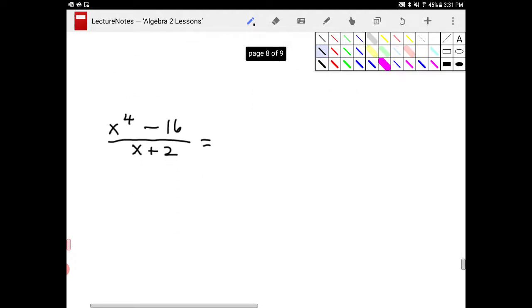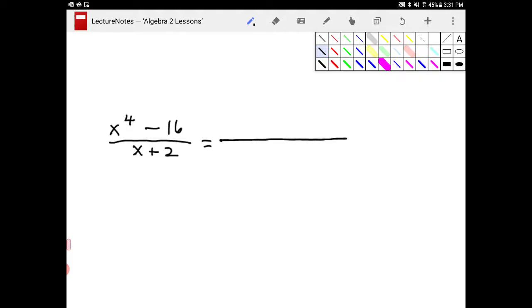Let's take a look at the next example here. Can I do something similar with this fraction? Absolutely. x to the fourth minus 16. This is a polynomial with a quadratic form. This reduces to x squared minus 4, x squared plus 4, all over x plus 2.